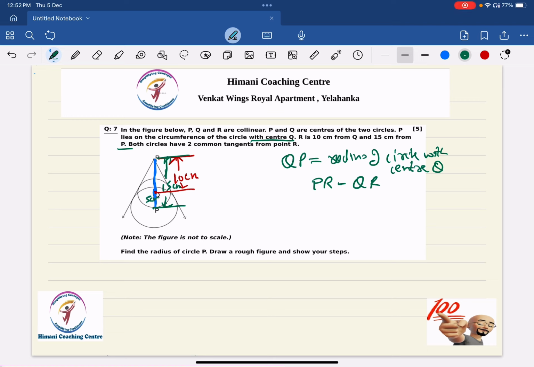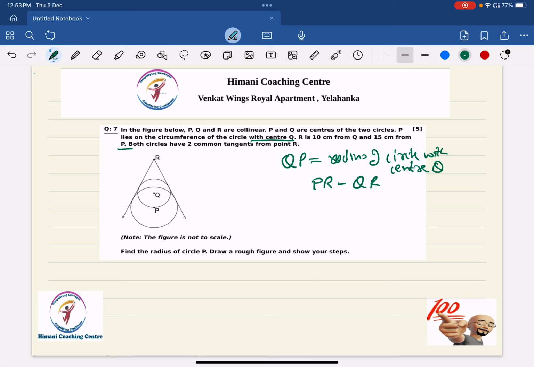Having established that, let us now move to the next part. Since the tangents are given, the angle between radius and tangent of a circle is how much? 90 degree.